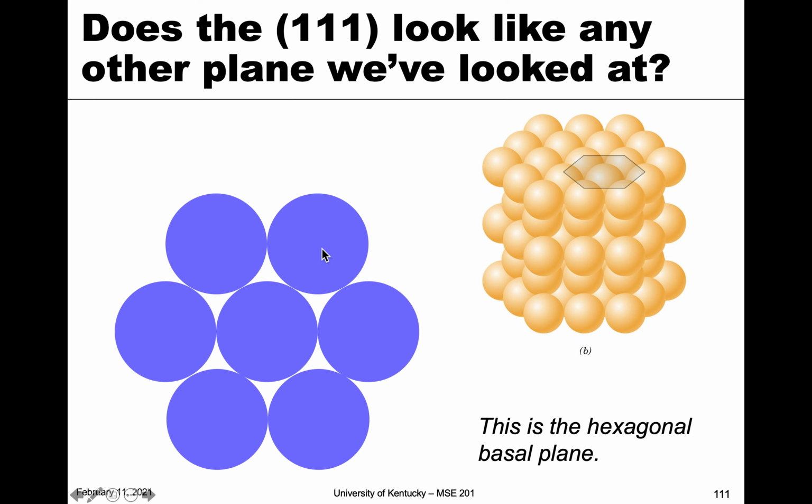So the close packed plane that is 111 in FCC is also the close packed plane in the hexagonal close pack. But in this case, it's the top and the bottom planes, which we call the basal plane. So those are the same, right? You can draw it in a slightly different way, but it's still a close packed arrangement.